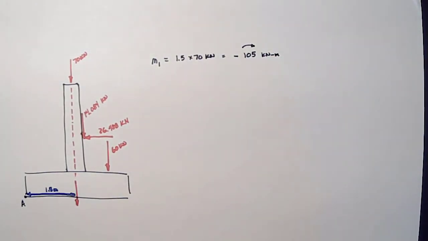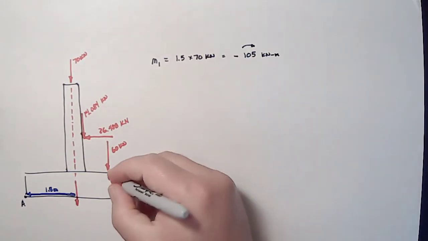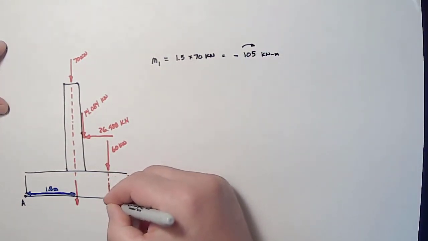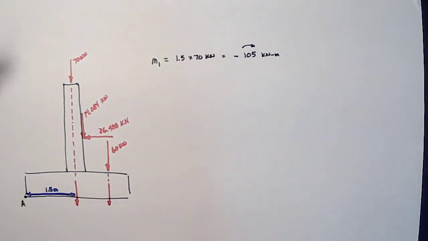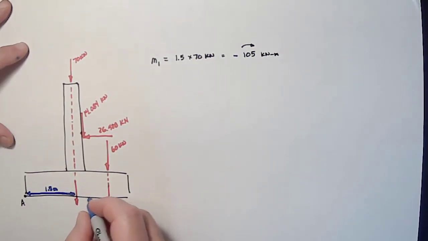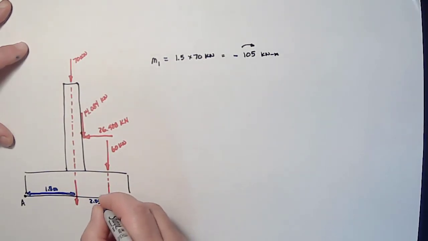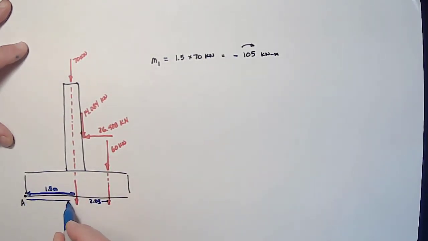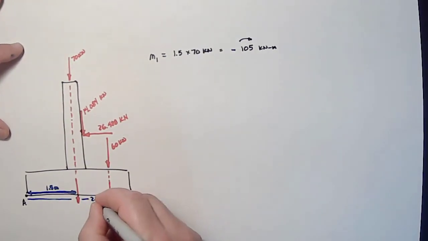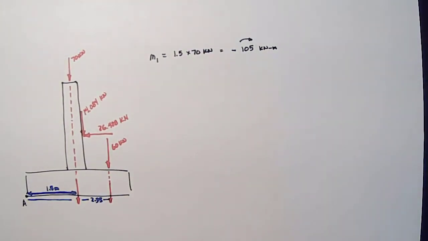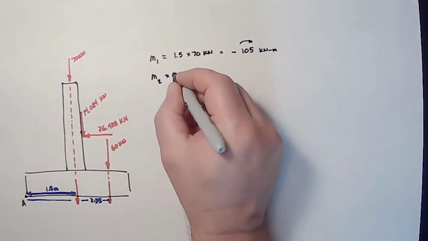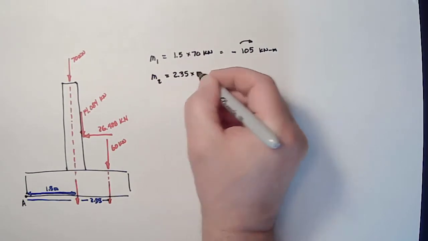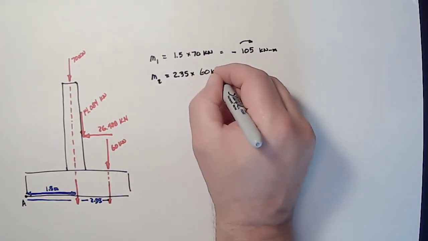That's a sign convention. Second force, 60 kilonewtons. And if I look at my problem statement, I can see that that 60 kilonewtons is 2.35 meters from point A. So my second moment is 2.35 times 60 kilonewtons.